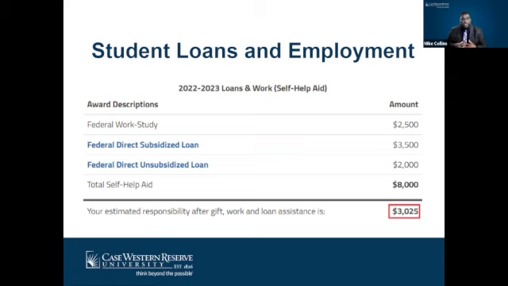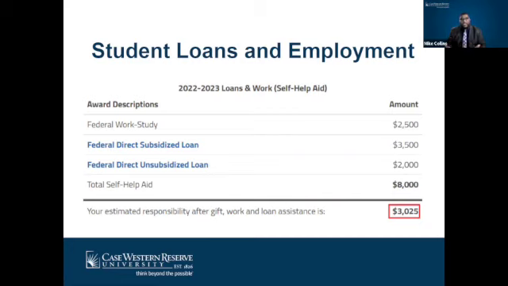That happens while you are in undergraduate school, but also if you decide to go on to graduate school or a professional program, doctor, lawyer, dentist, whatever it might be, while you are enrolled in school and while you are at least a half-time student, the government will continue to cover those subsidized loans. $3,500 is the maximum that a student can receive for the first year.